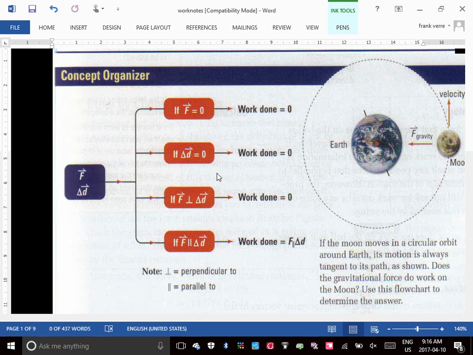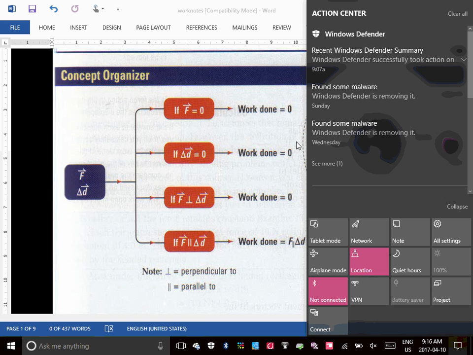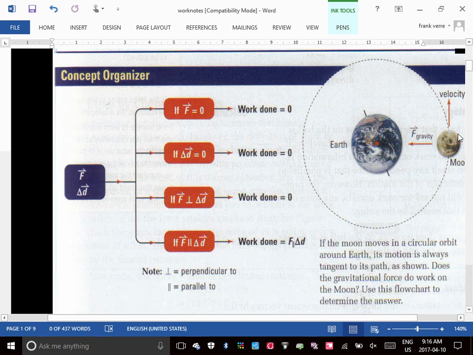At any point, its velocity vector is always pointing perpendicular to its motion. But think about the force of gravity. It's always pointing towards the Earth, or you can think of it the other way, that the Moon is pulling on the Earth. But if you look at those two vectors, you'll notice that they're not parallel.